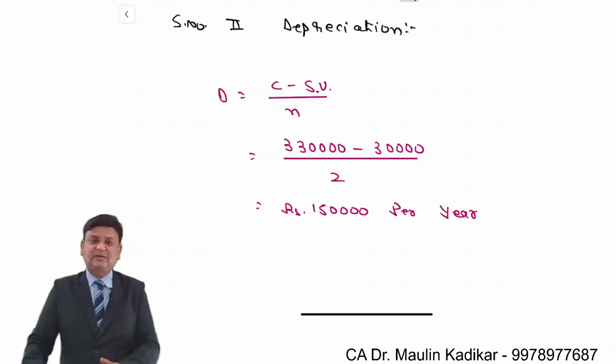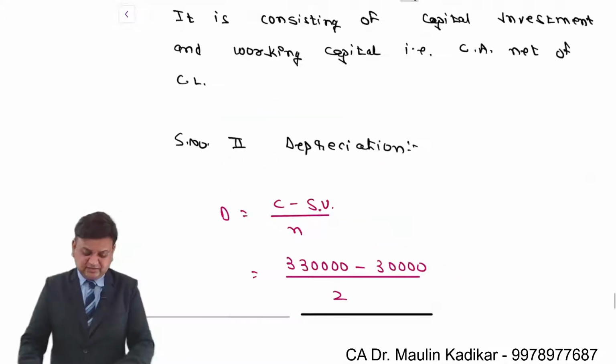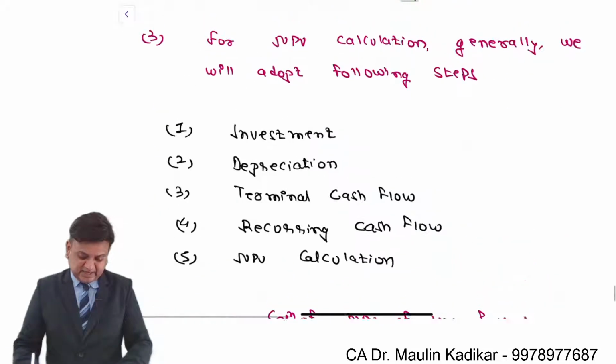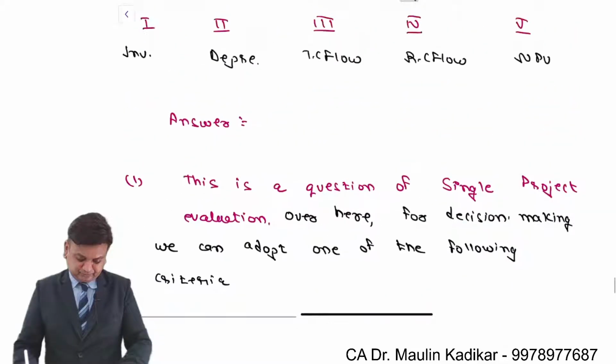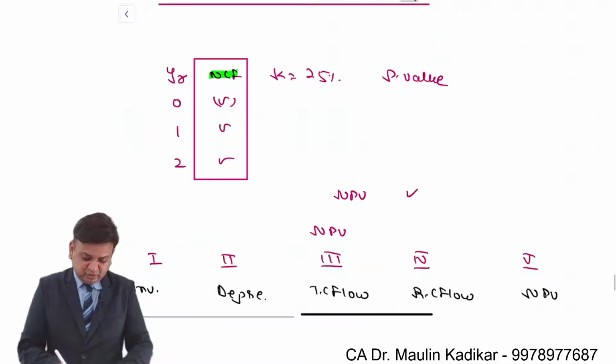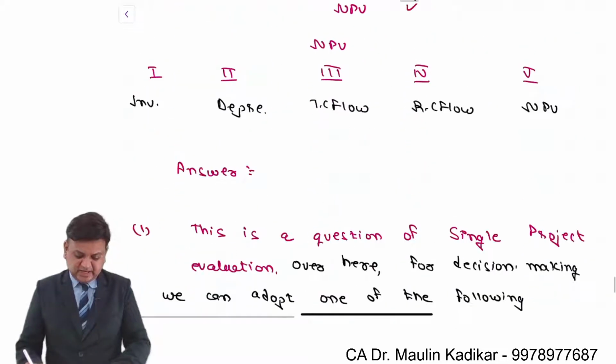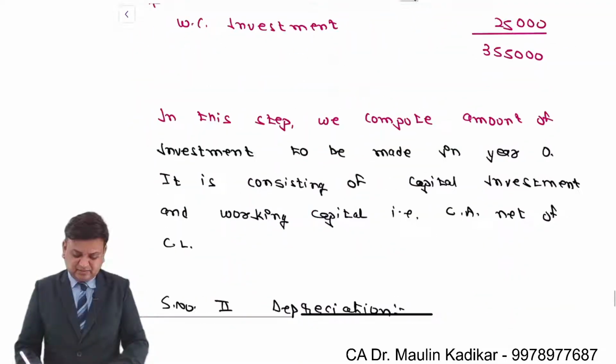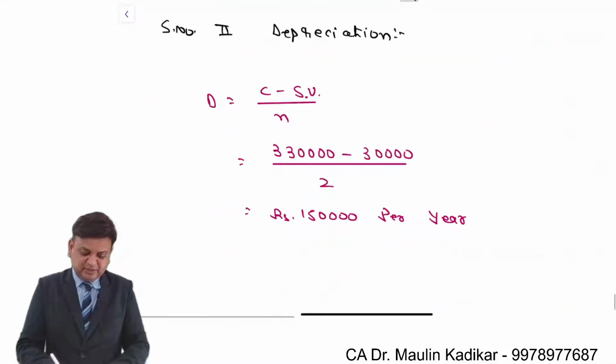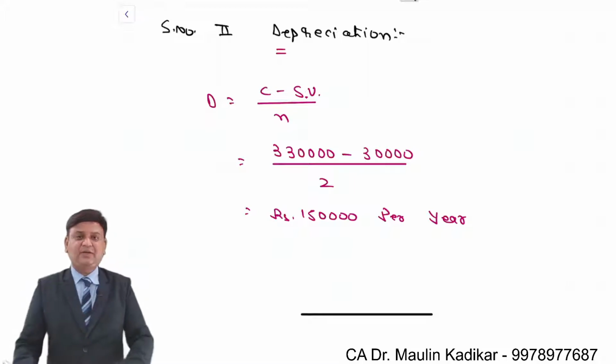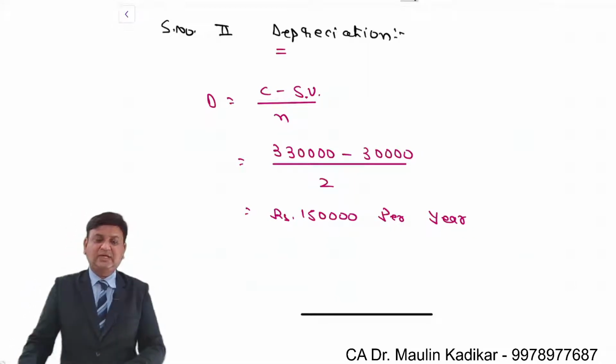One more query I come across is: sir, basically we are interested in the cash flows from the project, and depreciation is a non-cash item, so why do we compute depreciation? Yes, depreciation is a non-cash item.